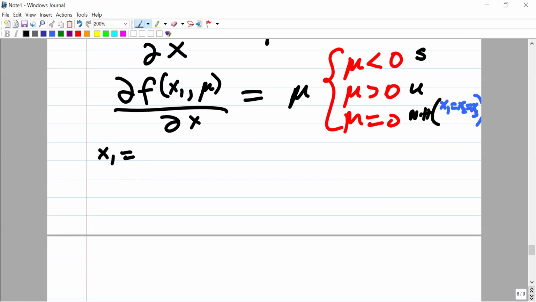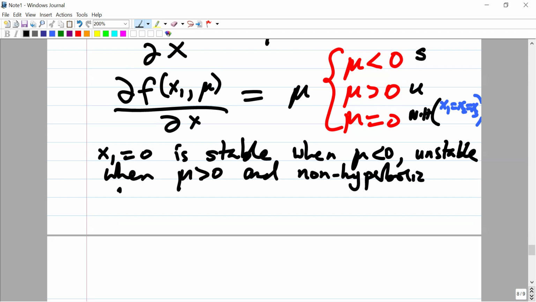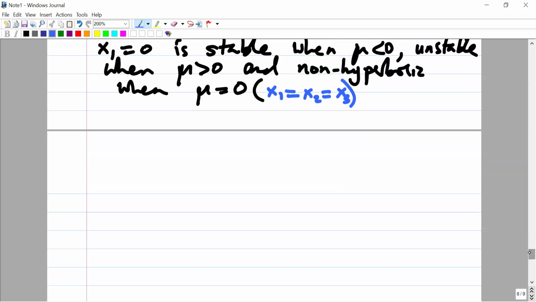So x1 equal to 0 is stable when mu is less than 0, unstable when mu is greater than 0, and non-hyperbolic when mu is equal to 0, where we observe that x1 is equal to x2 is equal to x3. All the equilibrium points meet there at the point when mu is equal to 0.